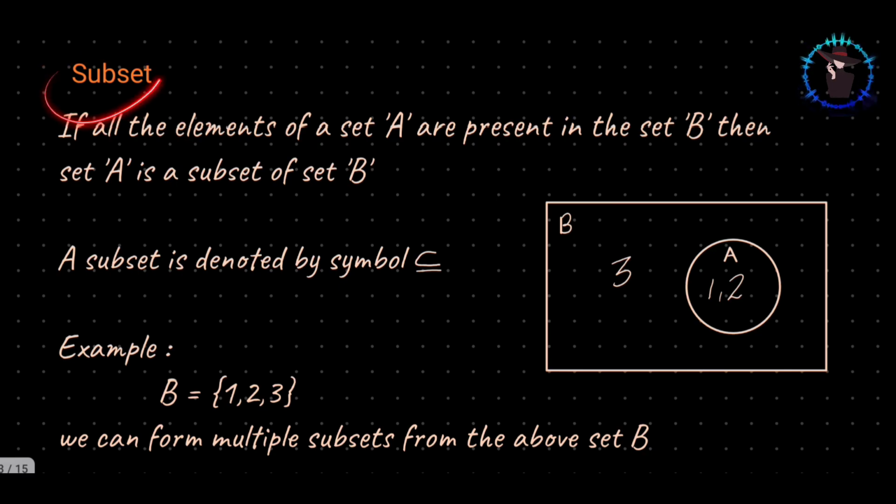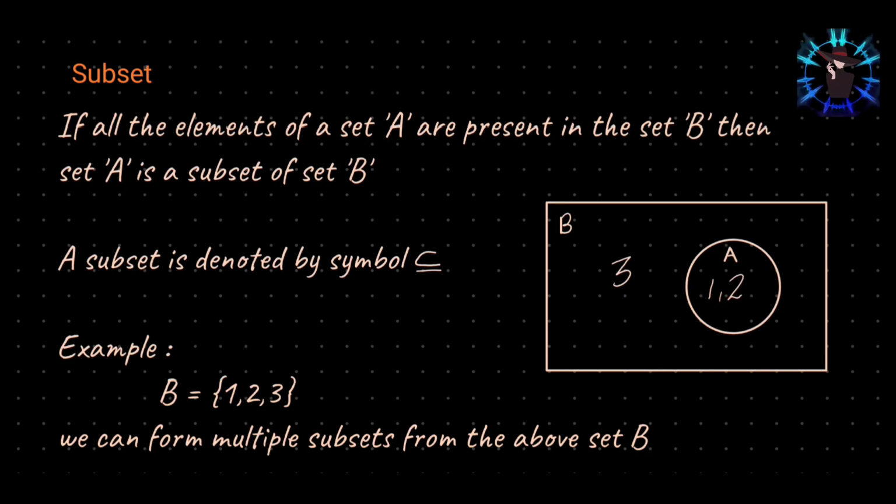Subset. By the name you can guess it is a part or a subpart of a set, right? If the elements of a set A are present in the set B, then set A is a subset of set B. For example, see B as a big universal set and A as a small set inside B. B has the elements 3, 1, 2, and A is also inside B. So the elements of A are also elements of B, whereas the elements of A are only 1 and 2, which is only this circle part.